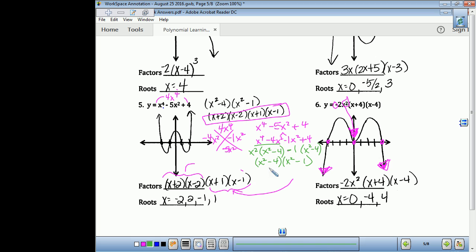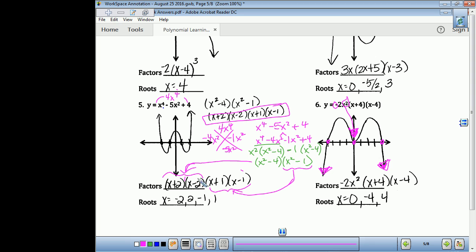Does it have to be in that order or no? No. Okay. So this one is a difference of squares. So it factors to x plus 2 times x minus 2. This one right here is also a difference of squares. It factors to x plus 1 and x minus 1.